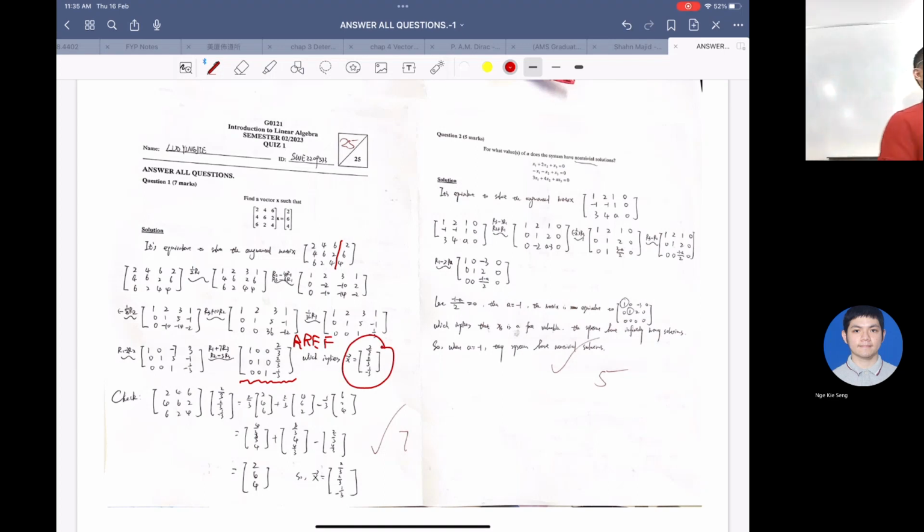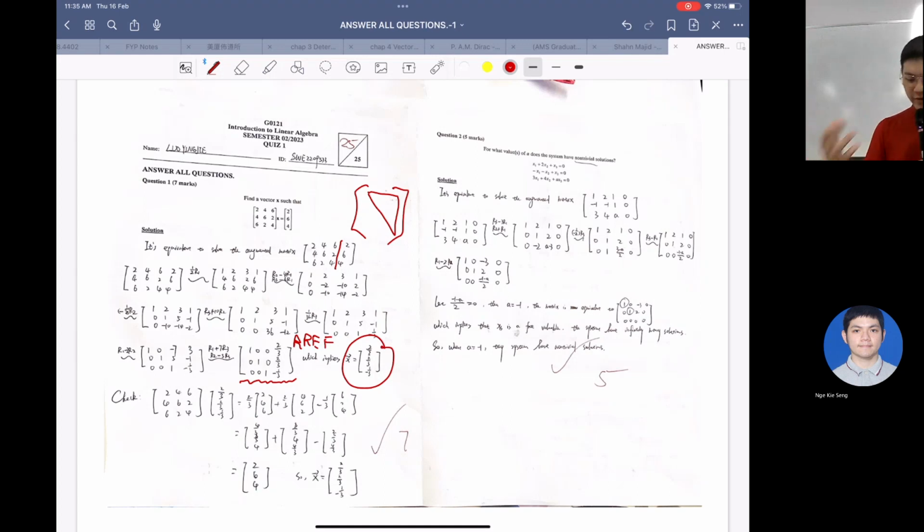Some of you don't get to row reduced echelon form. You only get to echelon form, something triangular, and then you use the primitive method again. So you mix two methods together. Up to you.